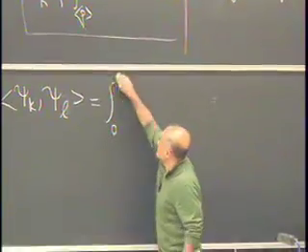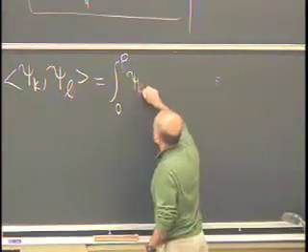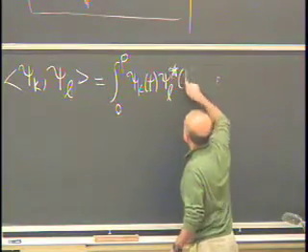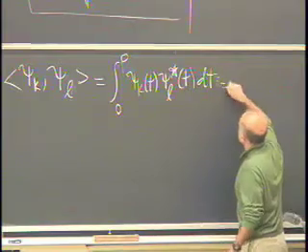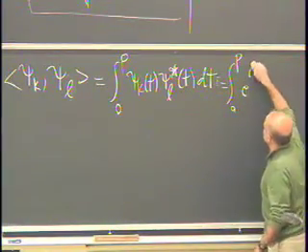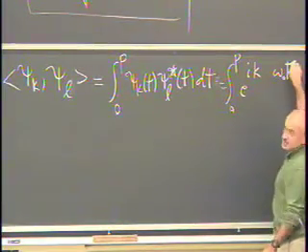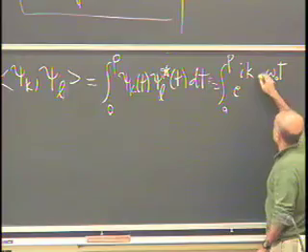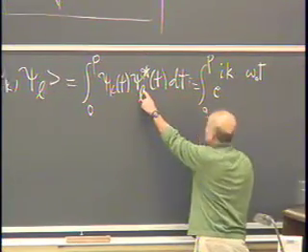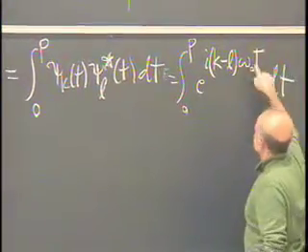Pick the period, let's say 0 to P, of c_k(t) c_l star(t) dt. So it's the integral over one period of e to the j k omega naught t times e to the negative l omega naught t dt.